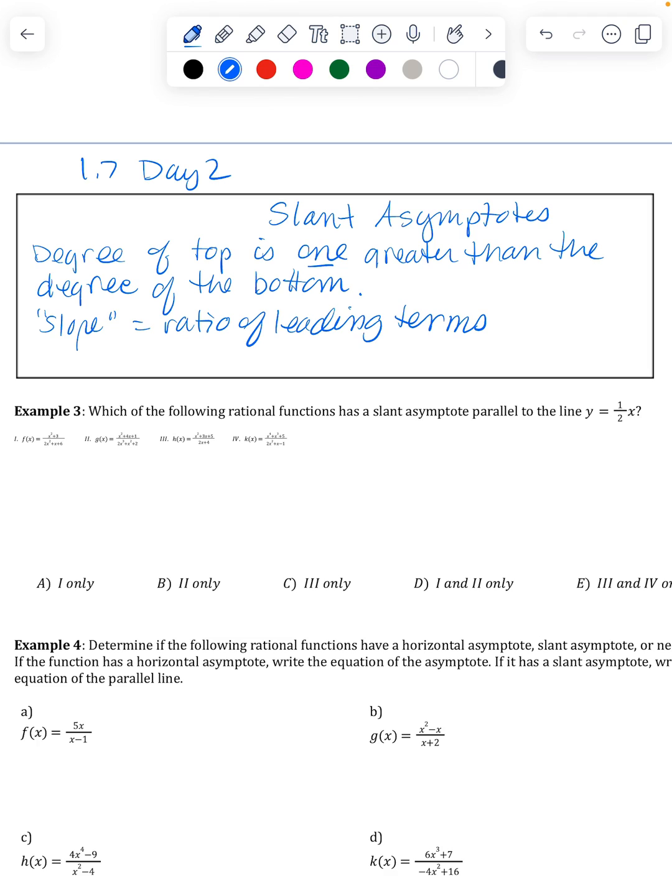So you know that when they use the phrase parallel, which is going to happen, they'll say it's parallel to. Essentially what that is saying is it means same slope. So it's going to say it has the same slope as the ratio of leading terms. That means it's going to say it's parallel to, but that's going to mean that you've got the same slope.